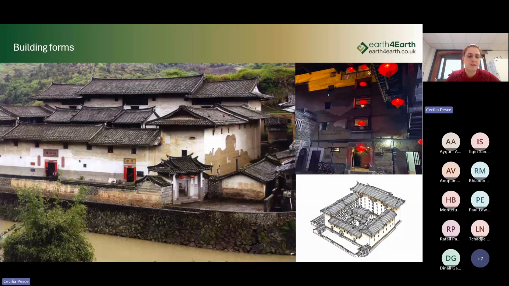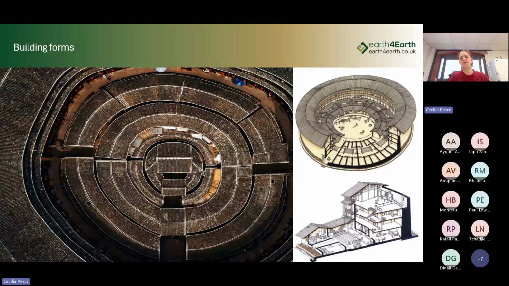So that was developed into this type of structure with a round plan. And you can see each section involves a bigger part with many stories and then a smaller home on the side, more towards the center of the structure. And this is the classic characteristic Tulou building.